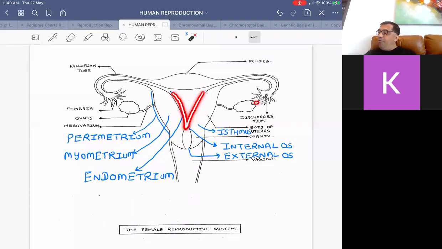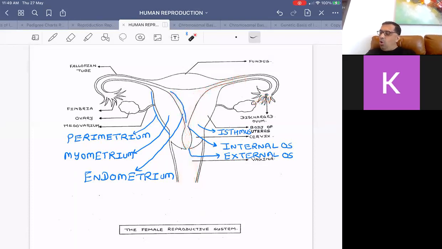Suppose ovulation takes place and the egg is in the fallopian tube. If at the same time copulation takes place, ejaculation takes place, and sperms are released in the vagina, and sperms now enter the fallopian tube and fuse with the egg to form the zygote.